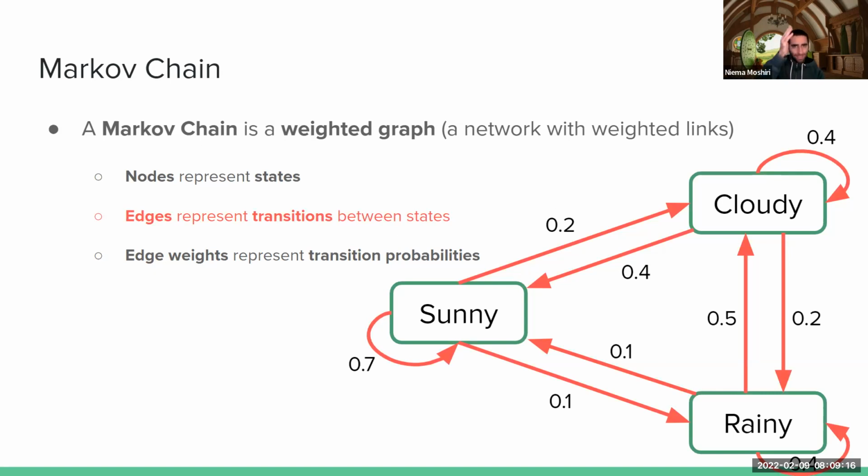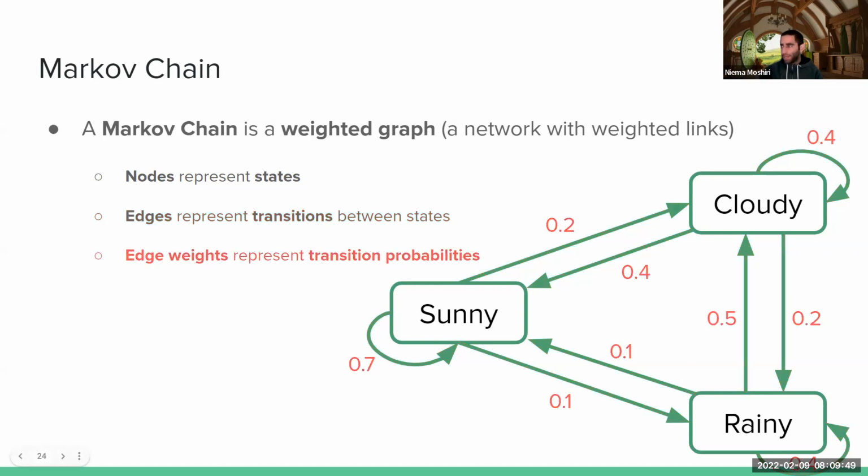So given that today is sunny, this edge represents the transition of tomorrow being cloudy, right? Given that today is cloudy, this transition represents tomorrow also being cloudy, right? So from one day to the next, these links represent the transition from one state to another state in the next day.